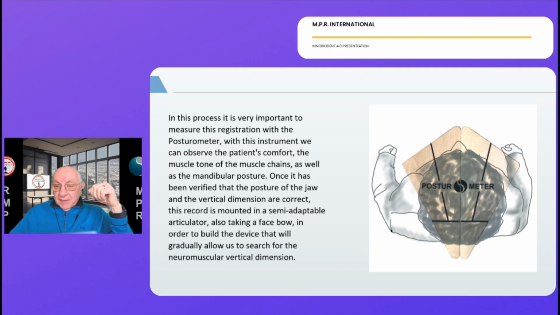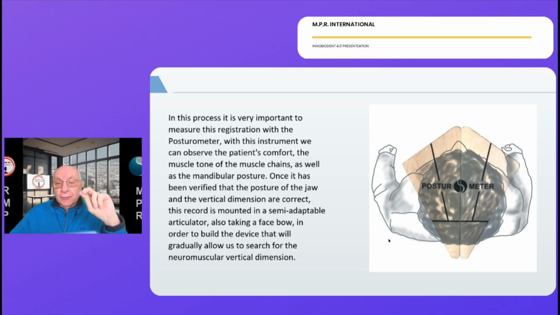Through the posturometer, we obtain objective, quantifiable data that help determine whether the proposed vertical dimension and mandibular posture are functionally acceptable and biomechanically balanced. This step is critical to avoid compensatory patterns or long-term instability.